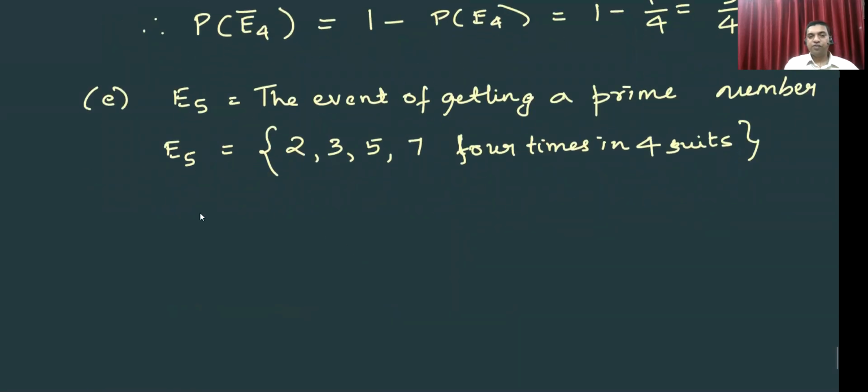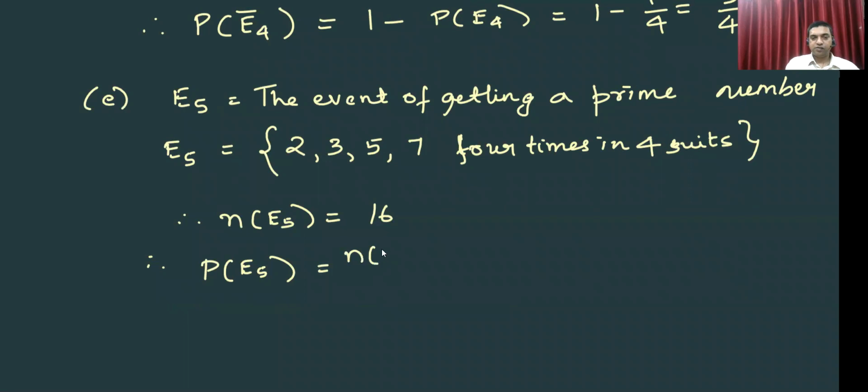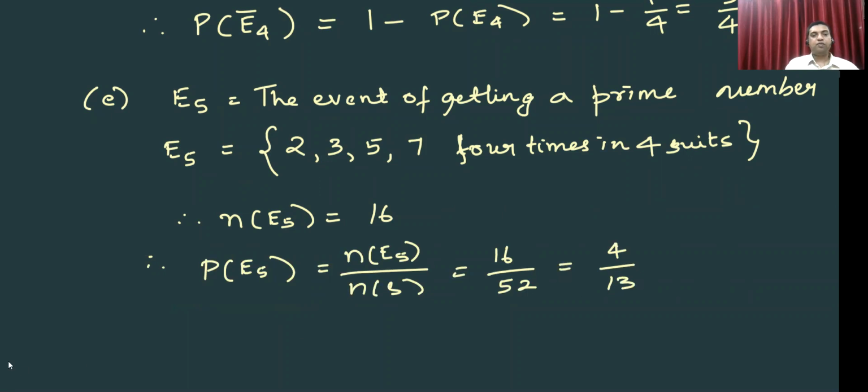So 4 into 4, 16. Therefore, n of E5 is 16, and the probability of E5 is 4 by 13. So this is how we do that.